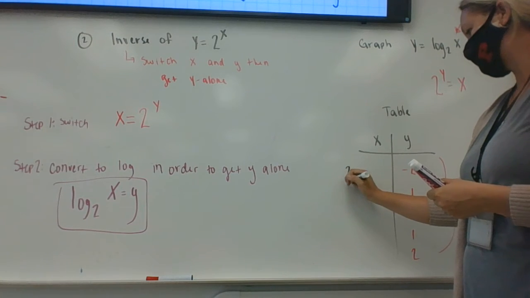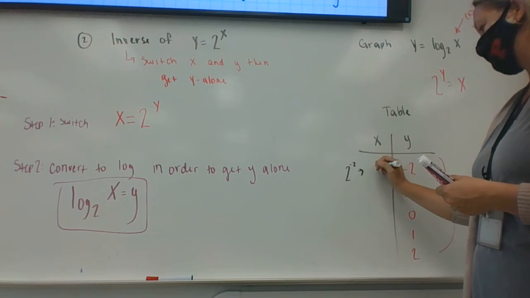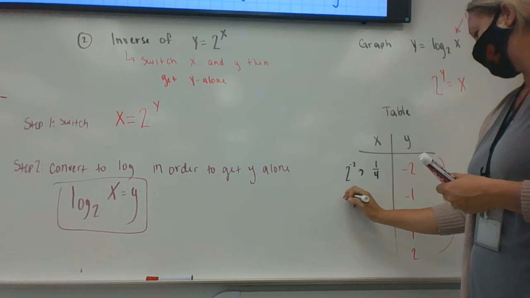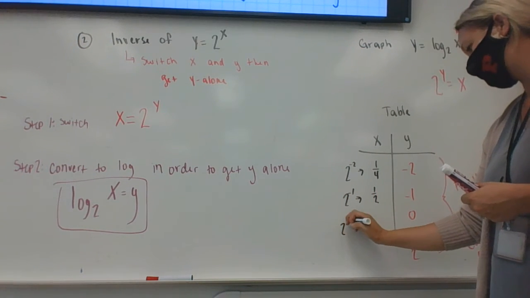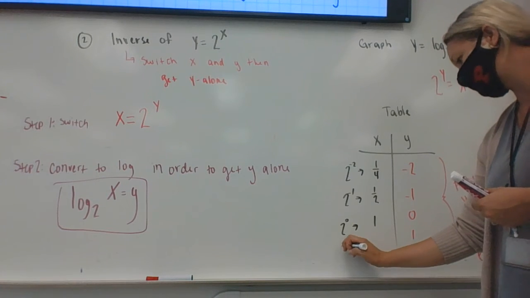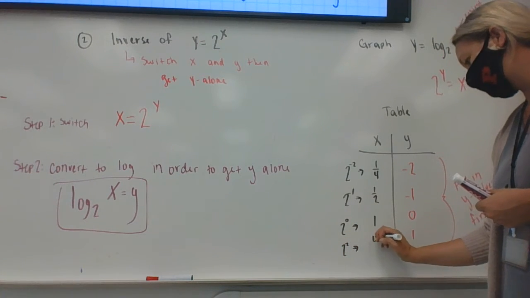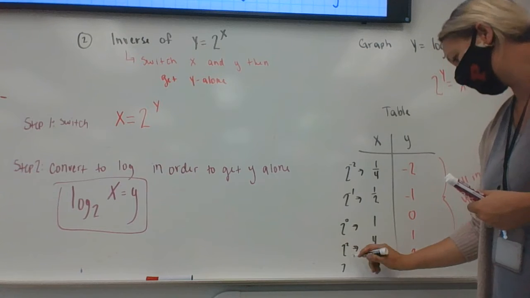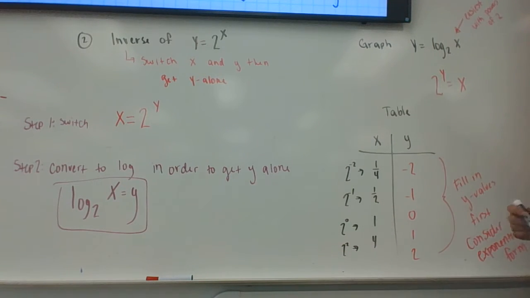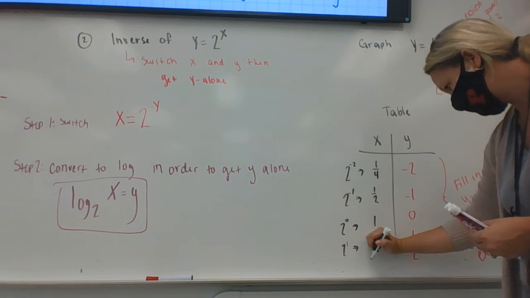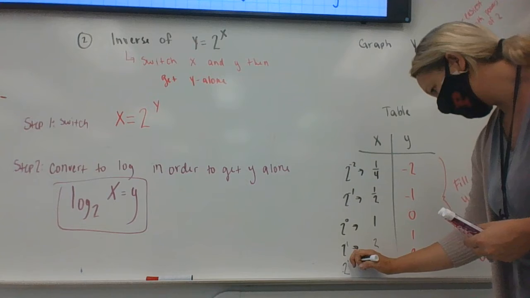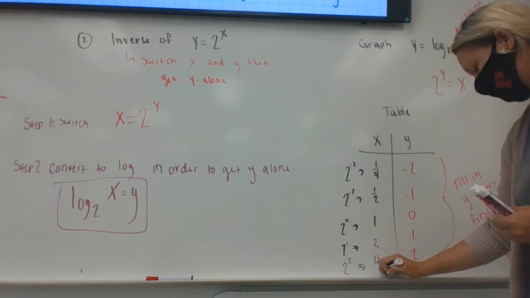So you're going to do like 2 to the negative 2 is 1/4. 2 to the negative 1 is 1/2. 2 to the 0 is 1. 2 squared is 4. That's all of them. We could keep going, but did I miss one? I missed 2 to the first. 2 to the first is 2. 2 squared is 4.